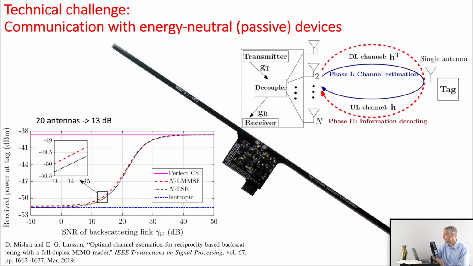And one thing that's known here from previous literature is that, with a full duplex MIMO reader, it's possible to communicate with backscattering devices and obtain an array gain which is of the same order or equal to what we have for coherent communication with MIMO. And the question, of course, is how to make this work in practice in the radio waves deployment. So that's what we are working on in the project.